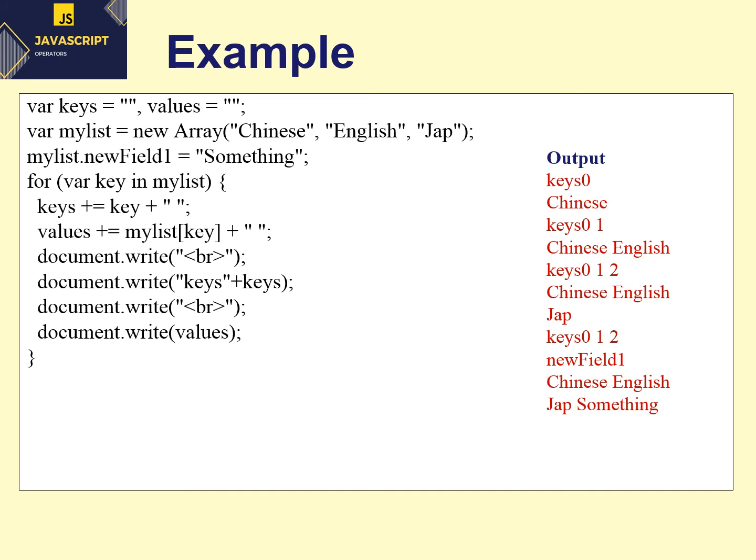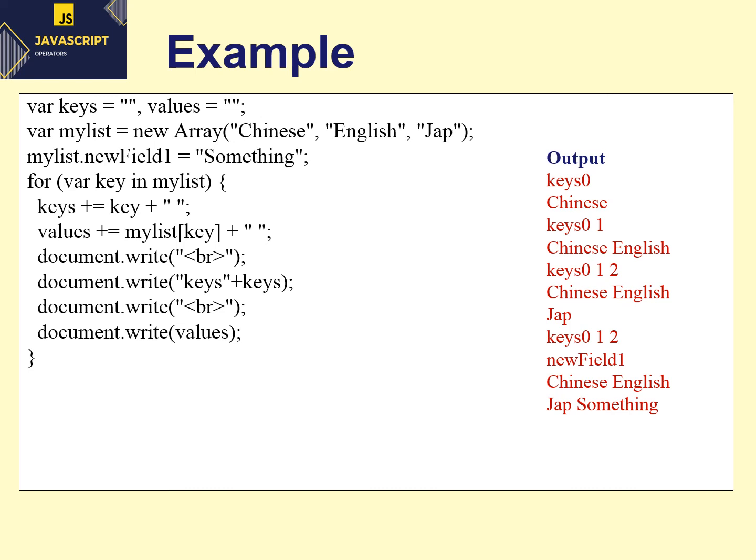We already have 3 index positions, 0, 1, 2, and in normal cases we would add the next element to the array with index 4. But we change the index from 4 to a key value, and that key value is mentioned here as newfield1.